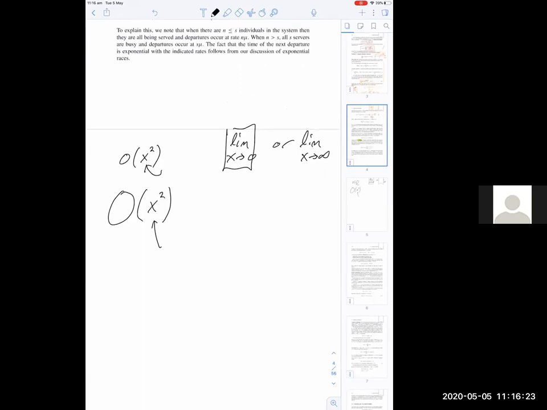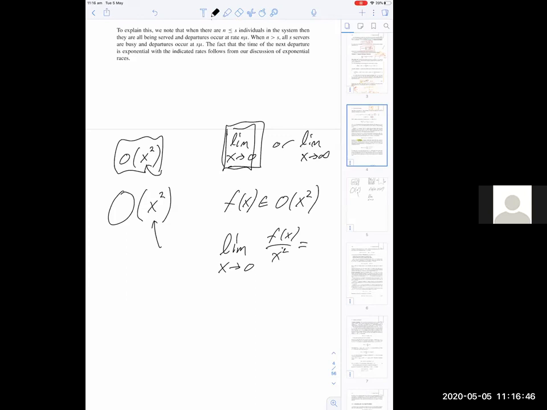When you speak about little o of x squared, what you're saying is that a function f of x is in little o of x squared as x goes to 0 if the limit as x goes to 0 of that function divided by x squared goes to the number 0.